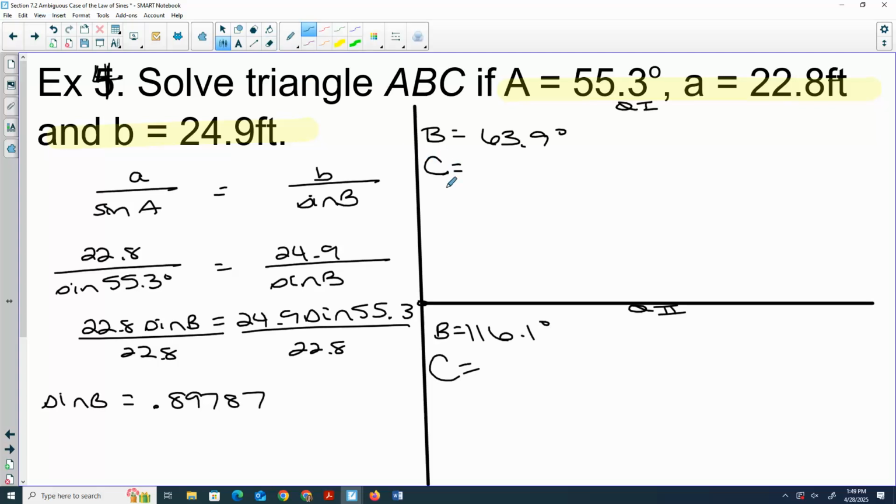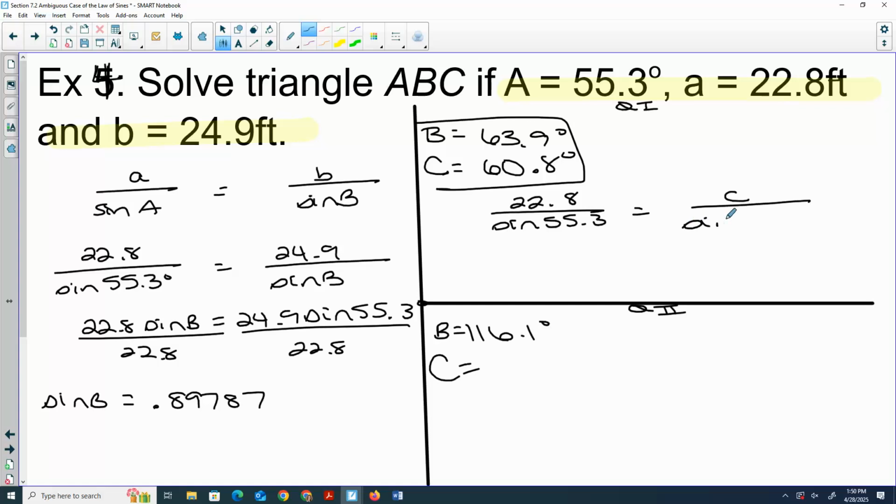So if I do 180 minus 63.9 minus 55.3, 60.8, and then we can do law of sines to get side C. So I have information about A, so I'm going to do A over sine A equals C over the sine of C. Side C to be 25 or 24.2.